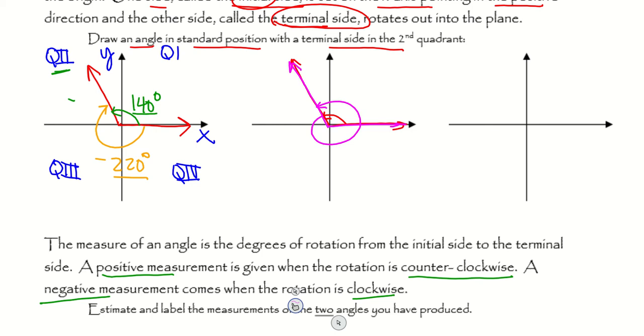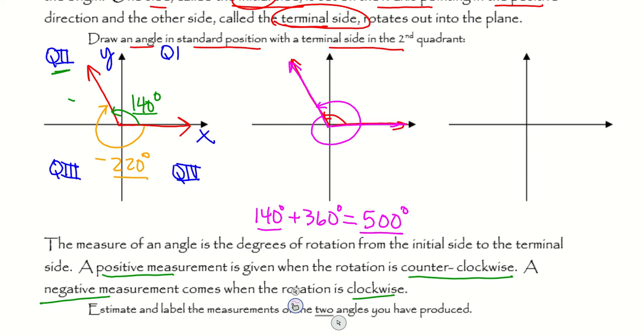How big is that angle? If I take my 140 degrees and add 360 degrees to it, I get 500 degrees. So a 140 degree angle and a 500 degree angle are coterminal.